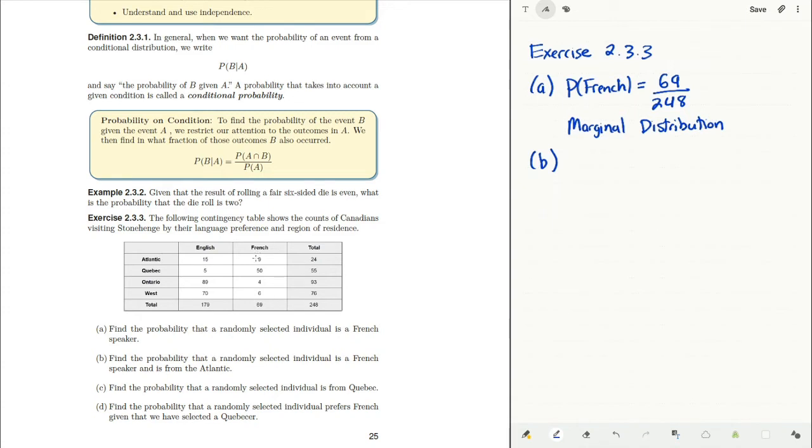And so the probability that they are a French speaker and they are from the Atlantic is going to be 9 out of 248. And note that this is the same as finding a joint distribution.